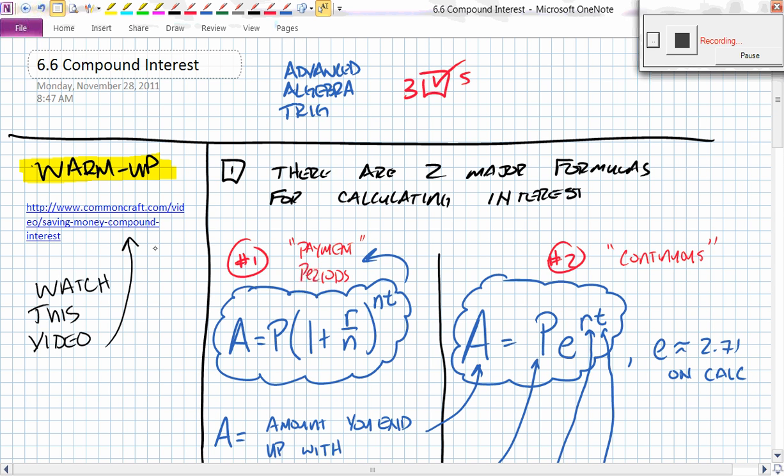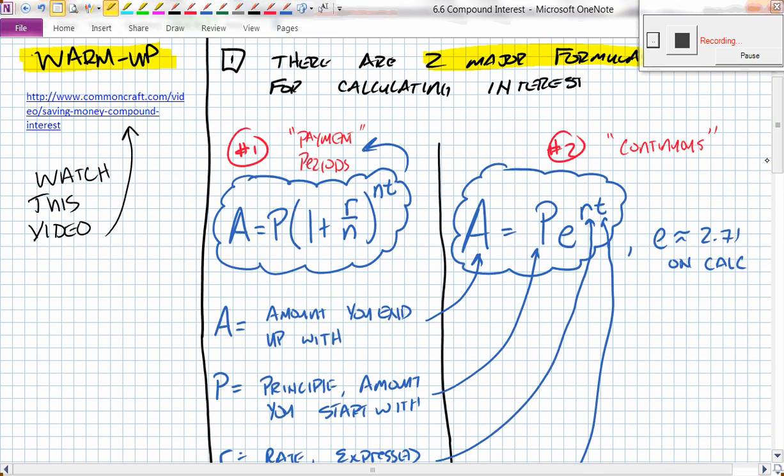Okay, we had 3 boxes today. The first box was the idea that we're going to be using 2 different formulas for calculating interest. One of them is when you have a payment period, which is going to be our n later on: A equals P times 1 plus r over n to the nt power.